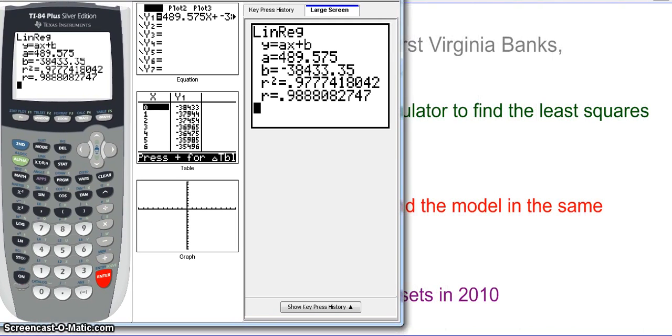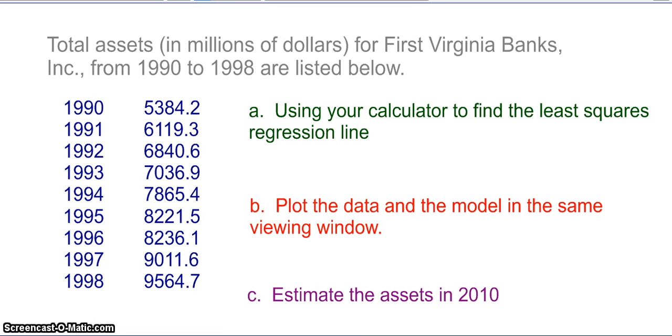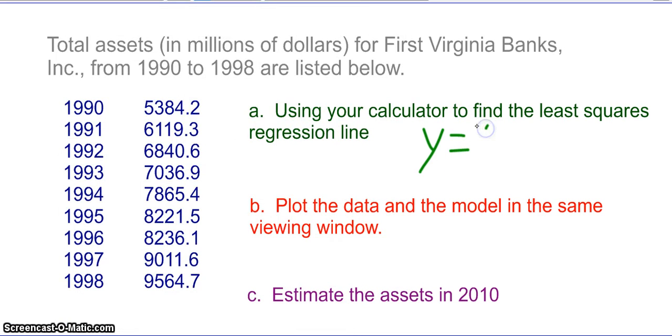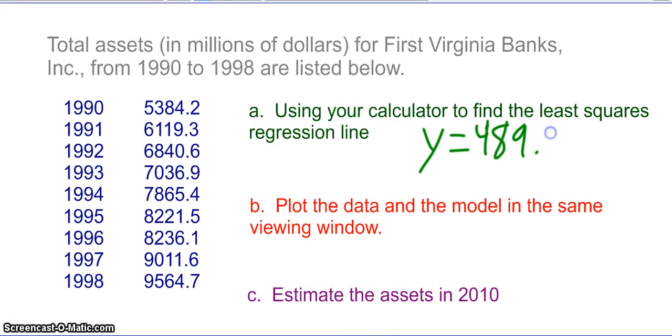So I'm going to move this over here so I can still see it, but I'm going to write my least squares regression equation, and so that's going to be y equals, I need the calculator to see that again, 489.575 x plus, or actually I think it was a minus because it was a negative.